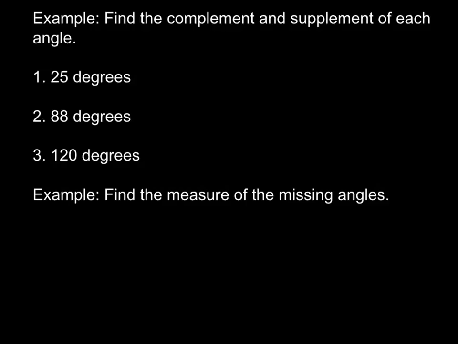Okay, and again, this is going to have us find the complement and the supplement. I'm just going to abbreviate complement and write COMP. Then I would take 90 degrees minus 25, and I would get 65.